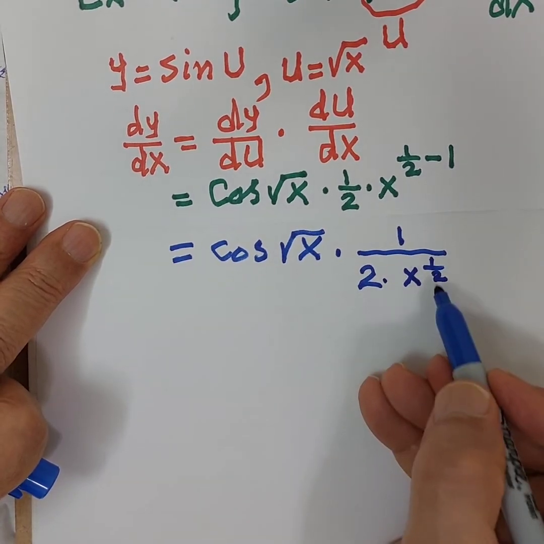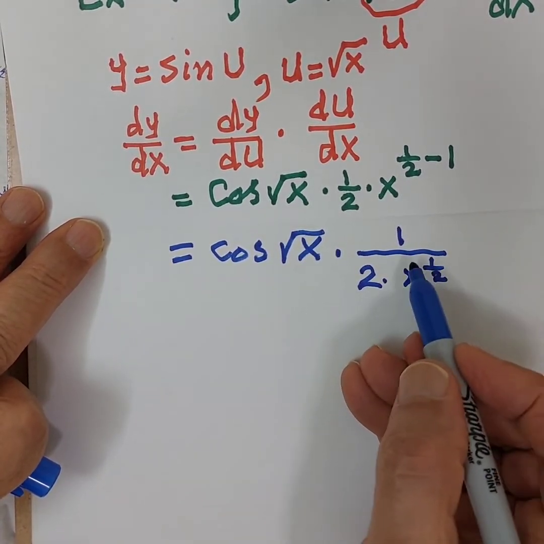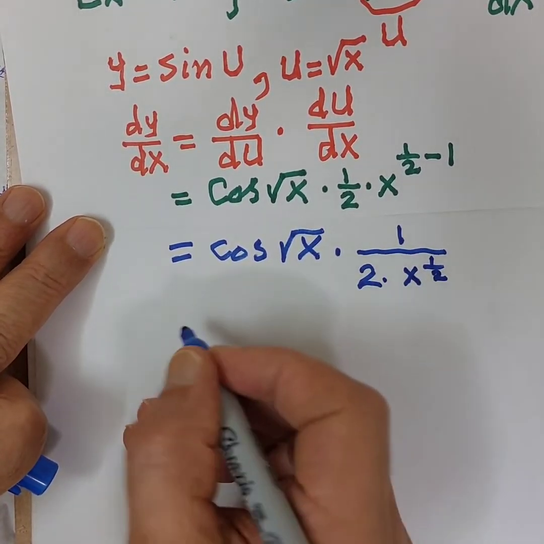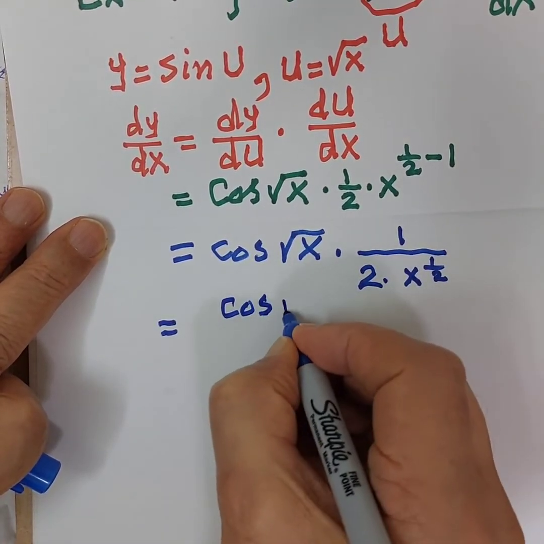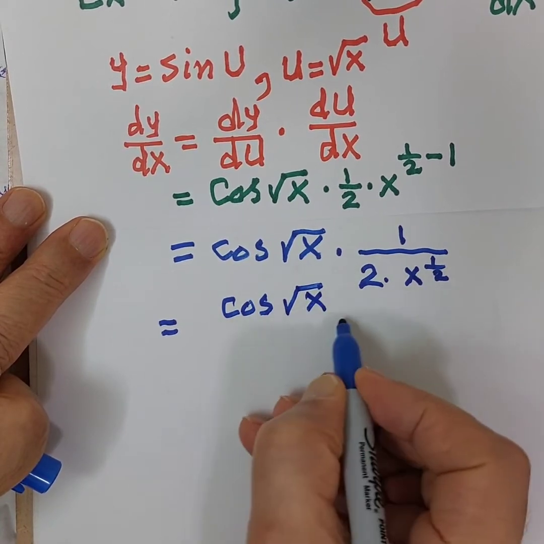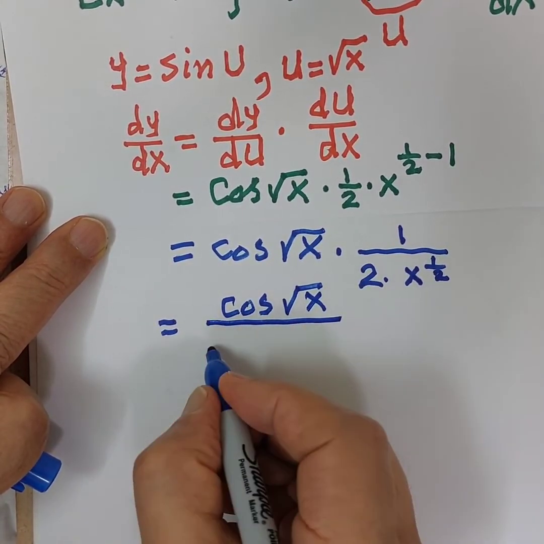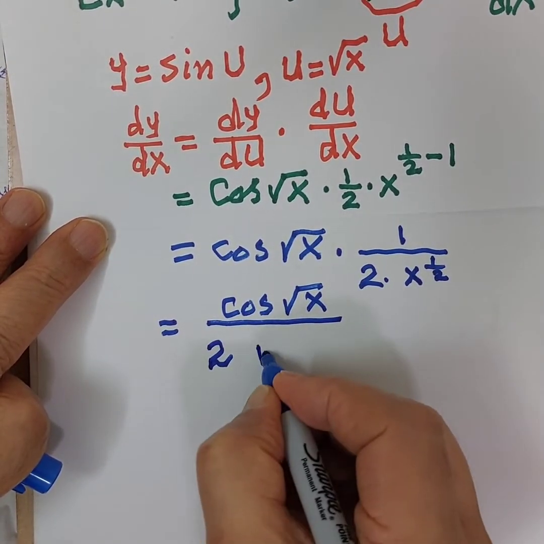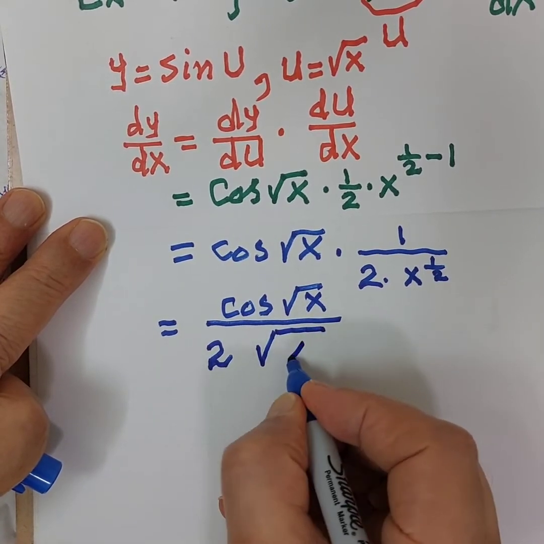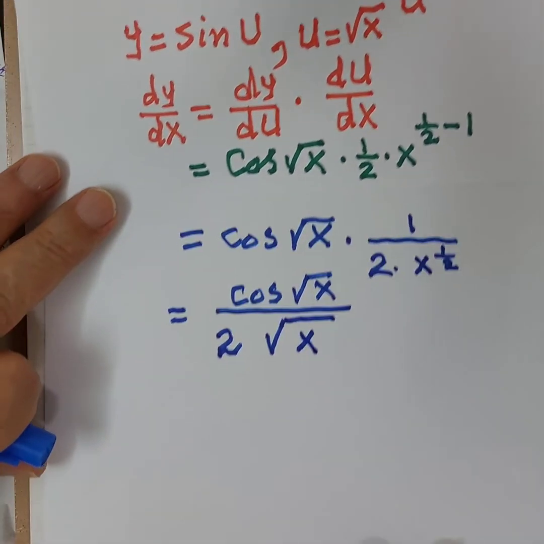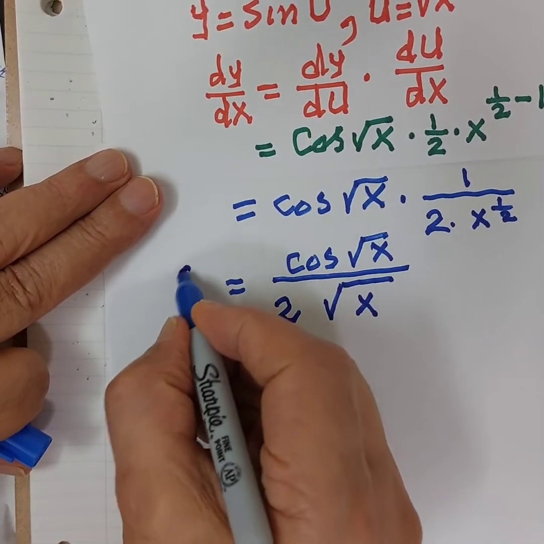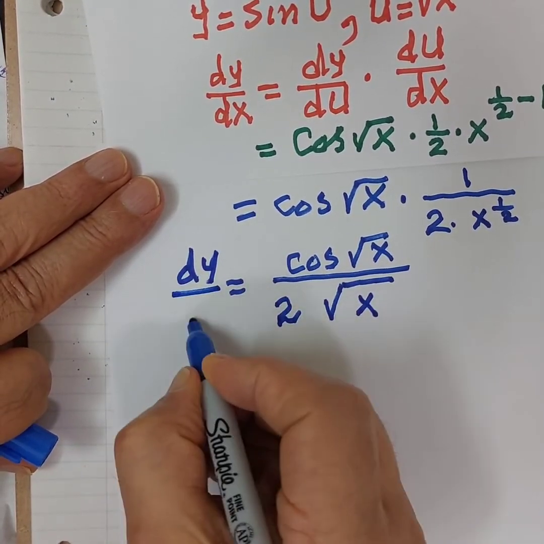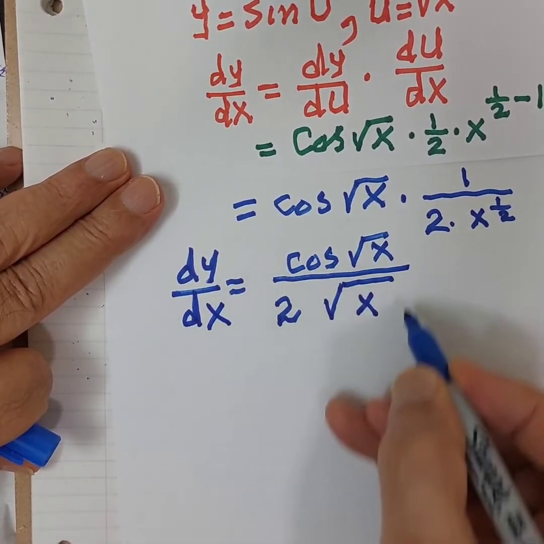And again, x to power 1/2, we can write it the radical sign, so it will be cosine square root of x in the top, and in the bottom 2 times square root of x. This is the answer for dy by dx.